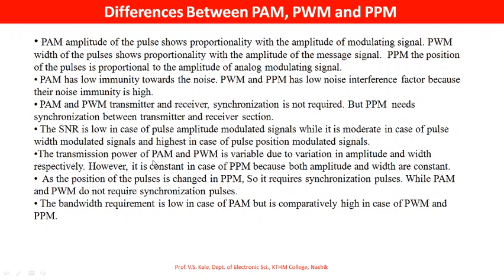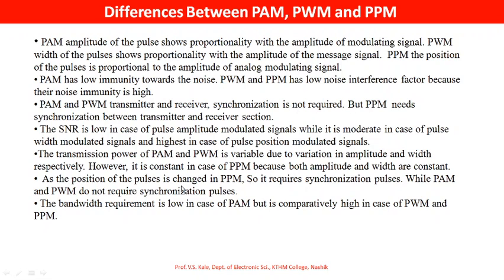The transmission power of PAM and PWM is variable due to the variation of amplitude and width respectively. However, it is constant in case of PPM because both amplitude and width are constant.